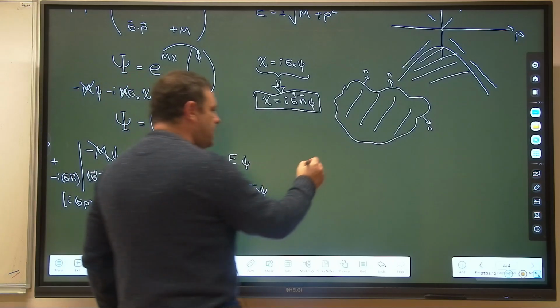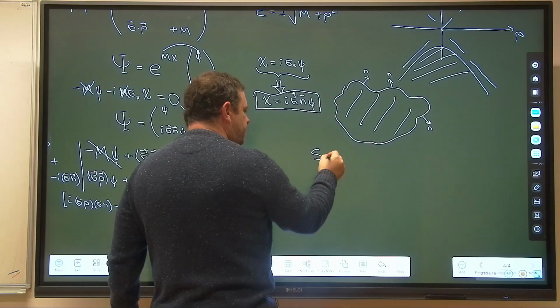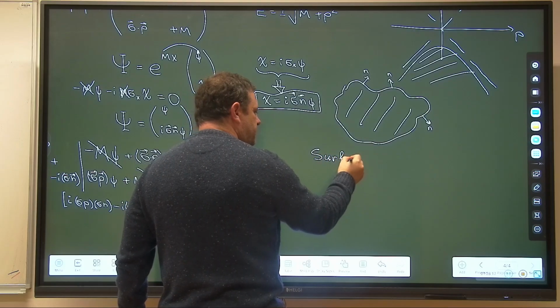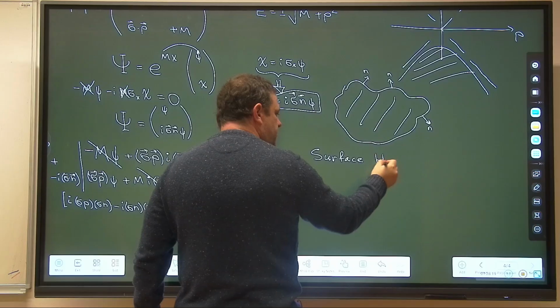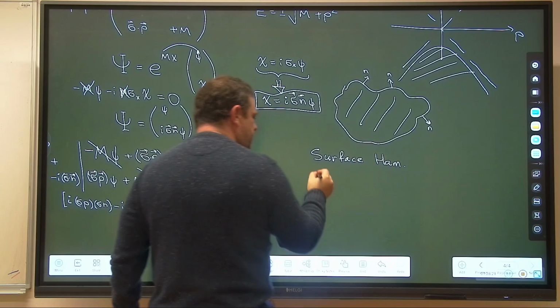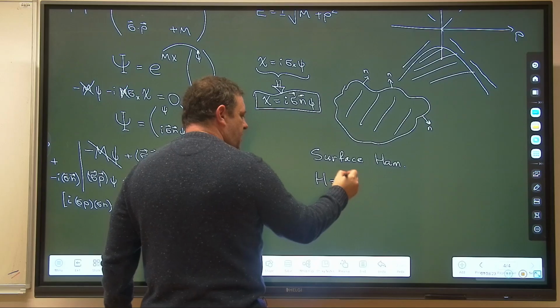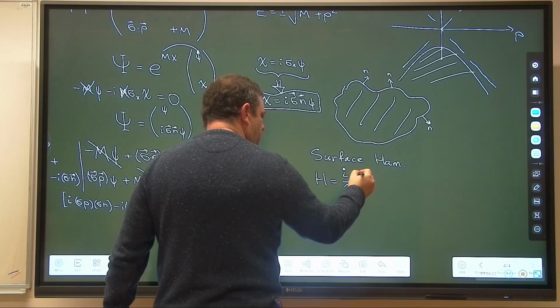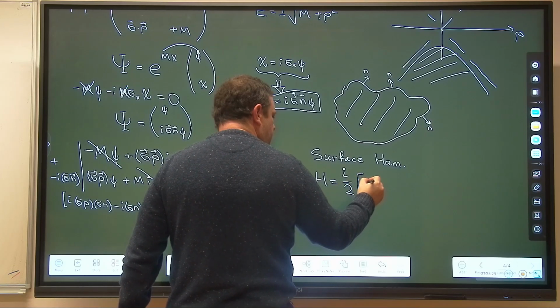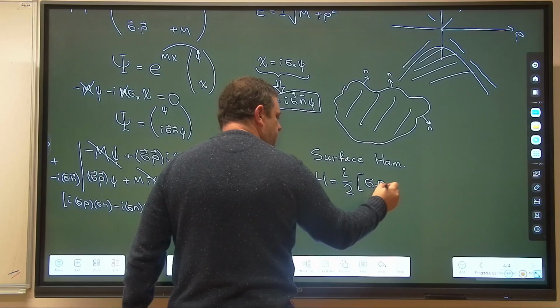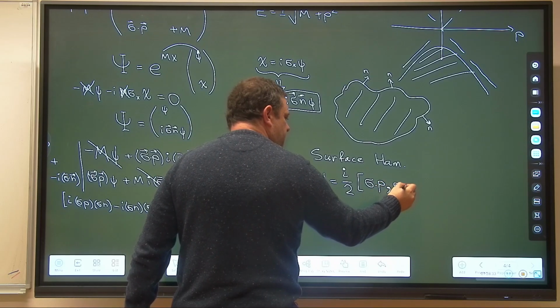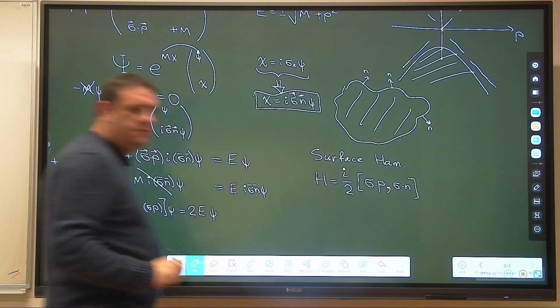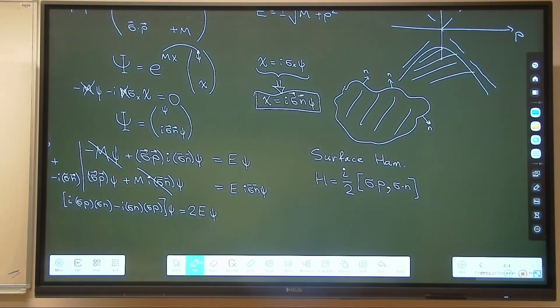So there is an effective surface Hamiltonian, which looks like this. It's i divided by 2 times the commutator of sigma dot p with sigma dot n. That's it. This is the surface Hamiltonian.